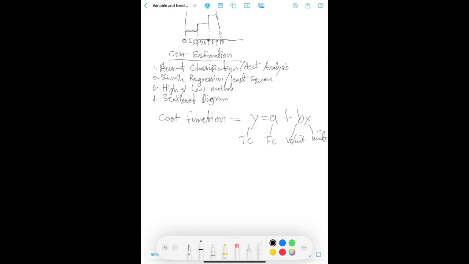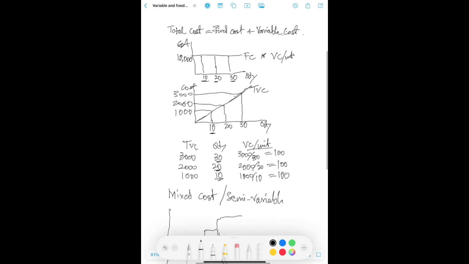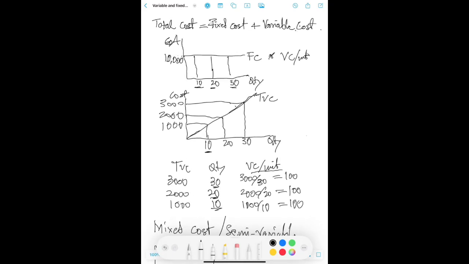x and y are the 2 variables here, whereas a and b are the 2 constants. If you check earlier where we discussed here, this stands for a, fixed cost, and this stands for your b, variable cost per unit.